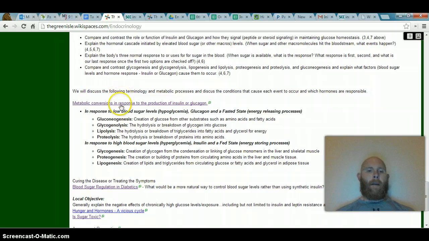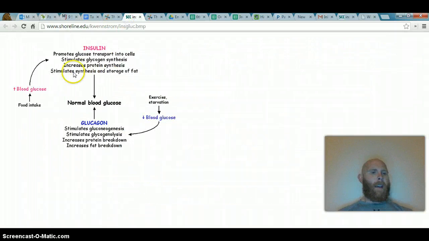So again, back to this link here. Food intake, blood sugar rises, glucose goes into the cells, starts being linked together to form glycogen in glycogenesis. It's going to increase the uptake of amino acids to create protein and stimulate protein synthesis called proteogenesis. And it's also going to stimulate the creation and storage of fat through lipogenesis.